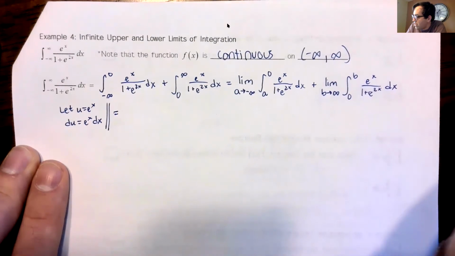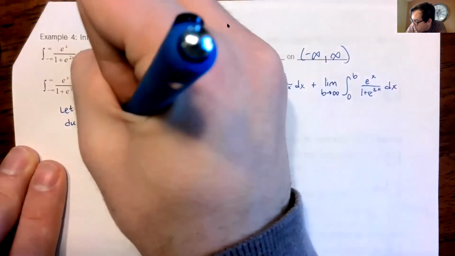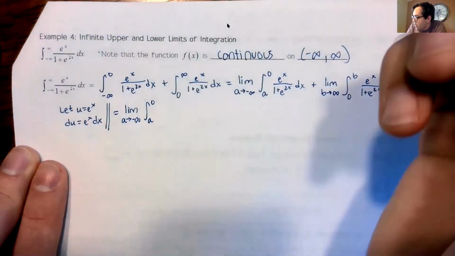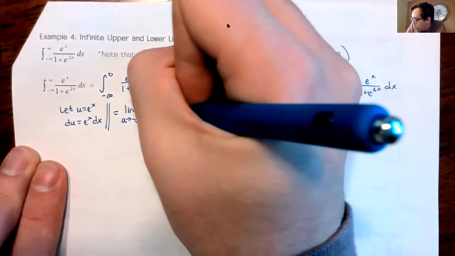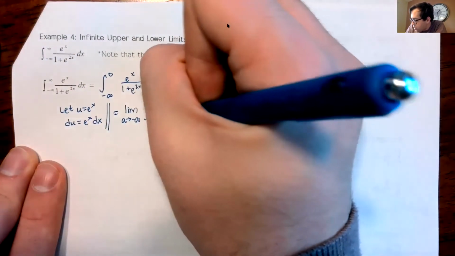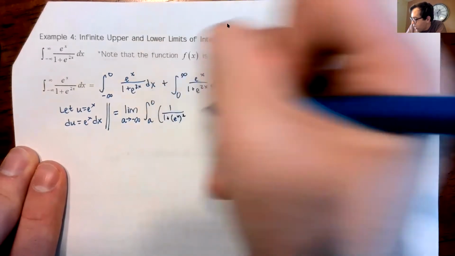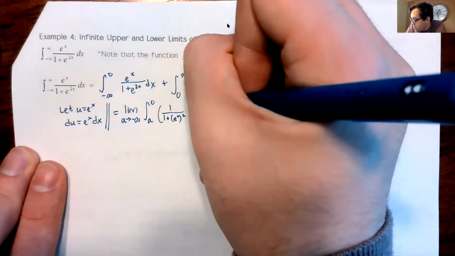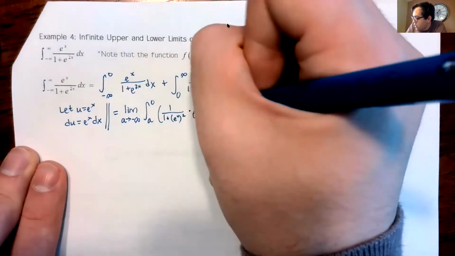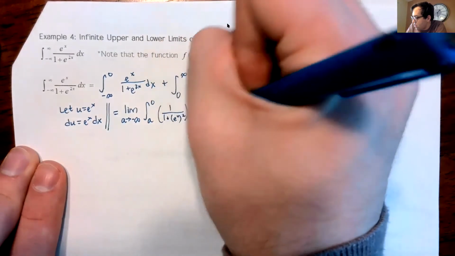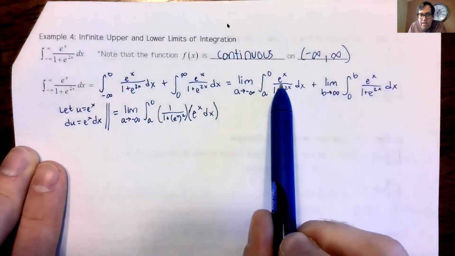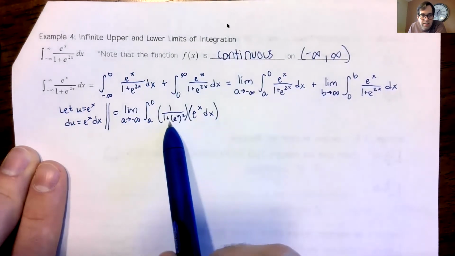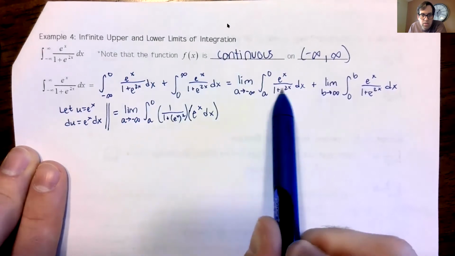So for the first one, we have the limit as a approaches negative infinity, integral from a to 0. I'm going to separate this as 1 over 1 plus e to the x squared times e to the x dx. You can see I just pulled the e to the x from the numerator to the side and still multiplied it. And I changed e to the 2x to e to the x squared, because x times 2 is 2x, so we're allowed to do that.